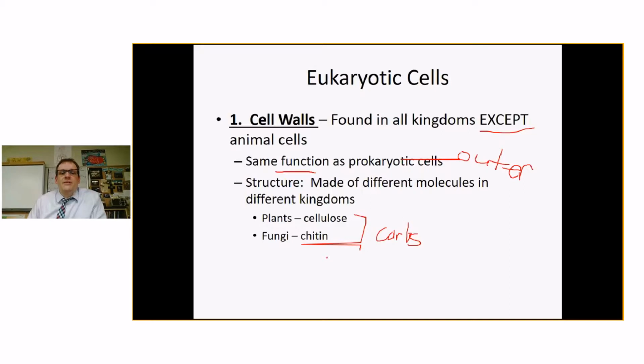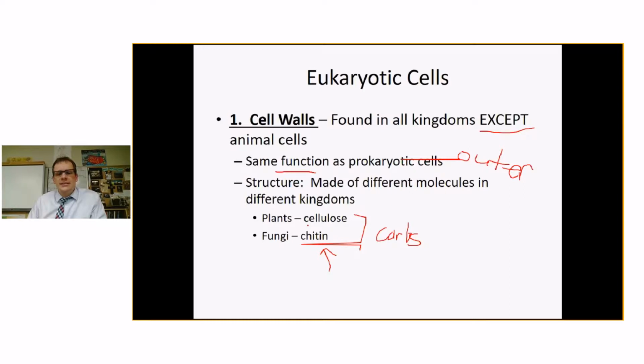That is found in fungi cell walls. Chitin is the same stuff that we talked about forming exoskeletons in insects and crustaceans. So a lobster shell is made out of chitin. That's the same thing that you find in fungi in these cell walls, right?